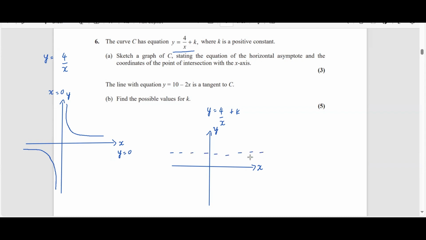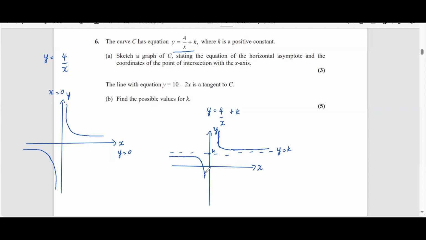The graph is being pulled up by k units. Now in this case, let's say this point is k and this is y equals k. Now your curve will be something like this. First quadrant, and then the third quadrant. In the third quadrant, the graph is pulled up.